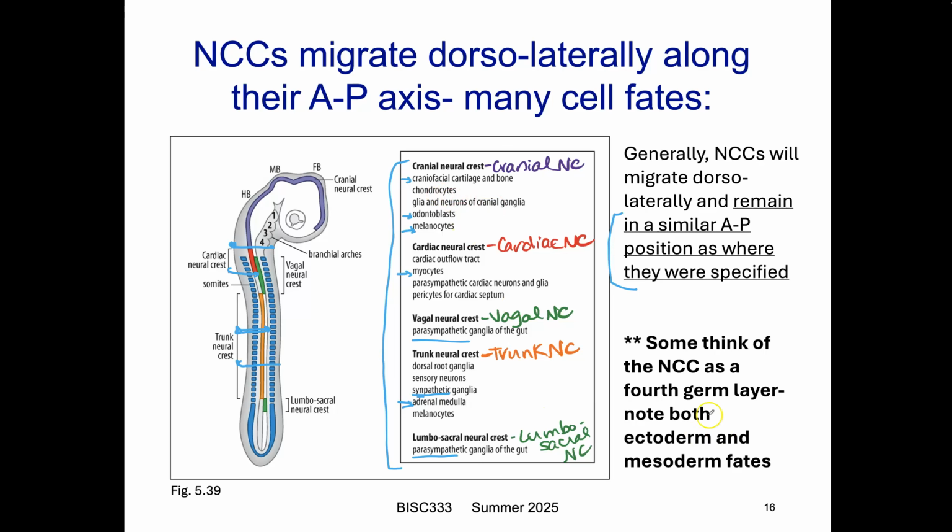One thing to note is that some developmental biologists consider that the neural crest cells constitute a separate fourth germ layer.